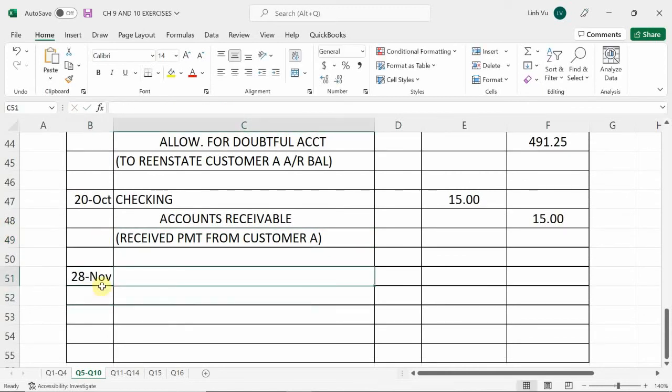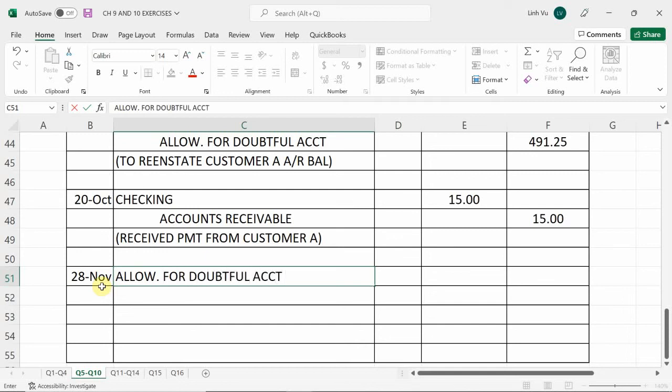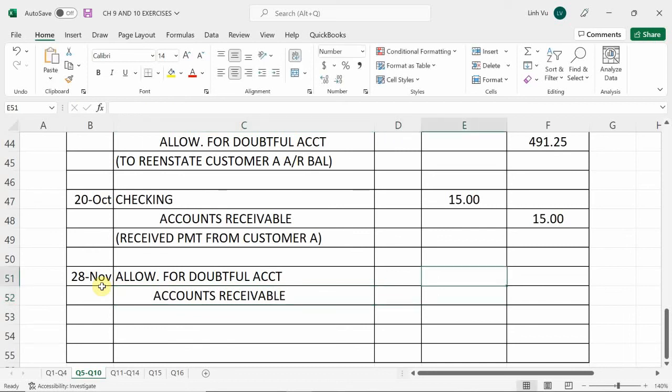Okay? So, again, because now this potential debt has been confirmed, right? But we haven't reached the end of the accounting period yet. So in this case, we need to at least remove it from the accounts receivable because now we for sure know that this account is inactive. Okay? For how much?